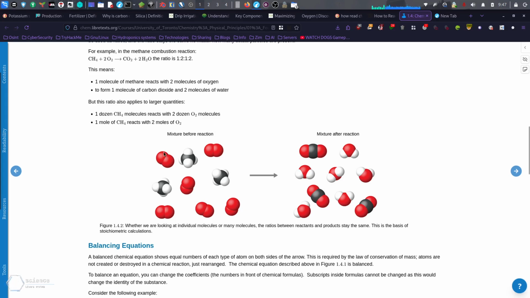In other words, we take 1 liter of methane, 2 liters of oxygen, for example. But this is measured in moles, or how many molecules. 1 mole of methane reacts with 2 moles of oxygen.